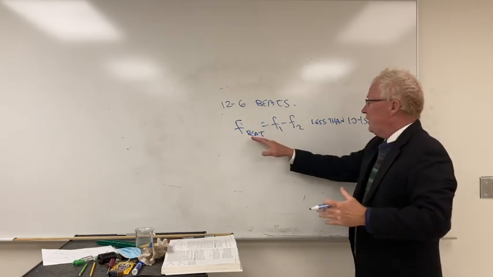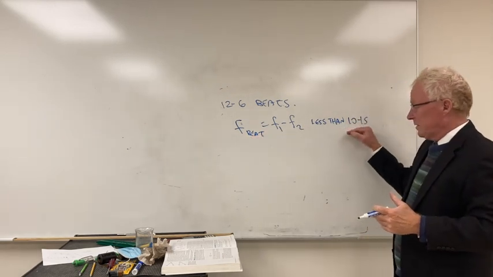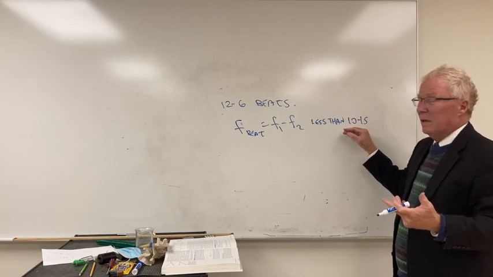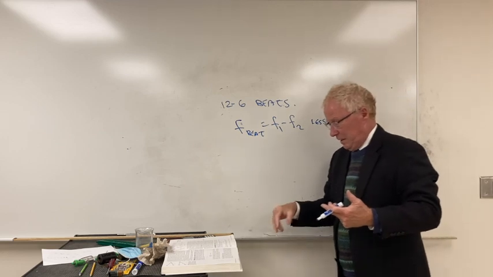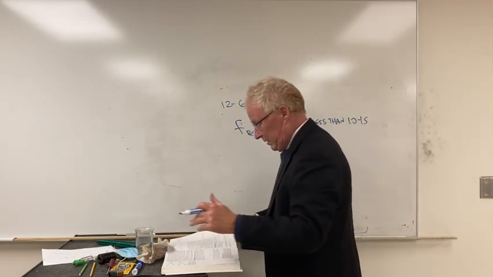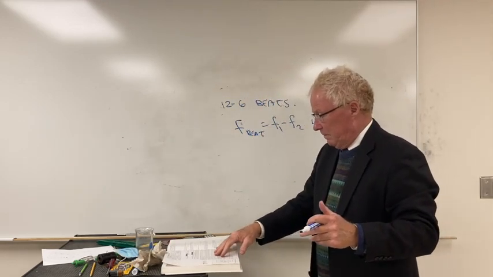So the beat frequency has to be less than about 10 to 15 to be heard. Otherwise, you can't hear the raising and lowering of the sound. So that's beat frequency, that's section 12.6.